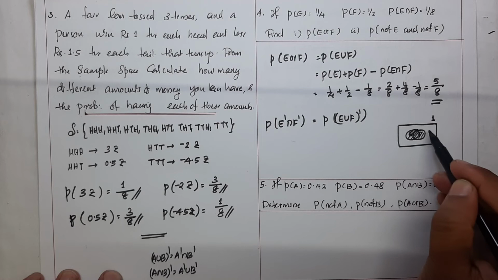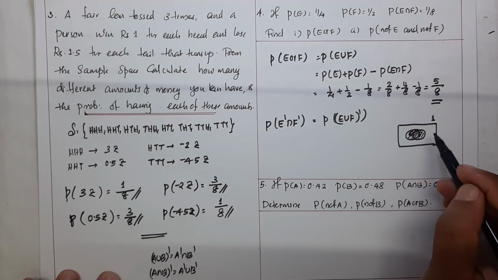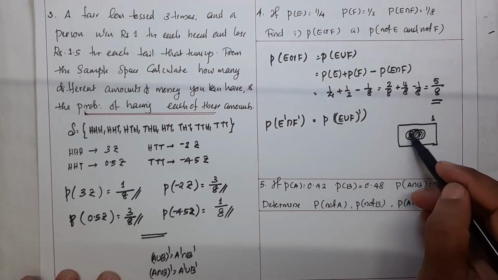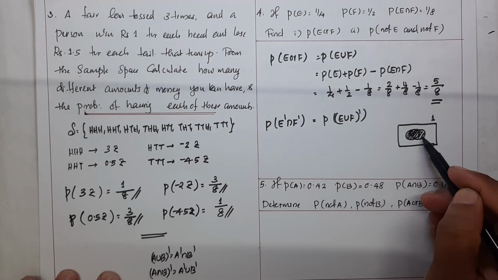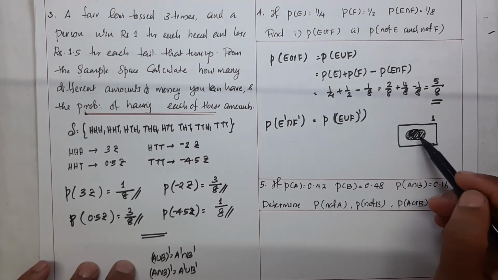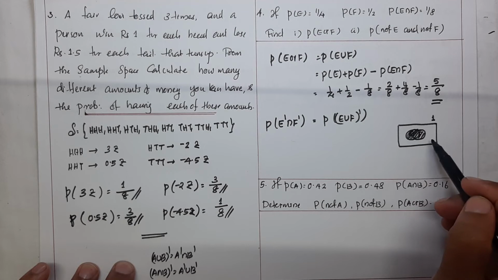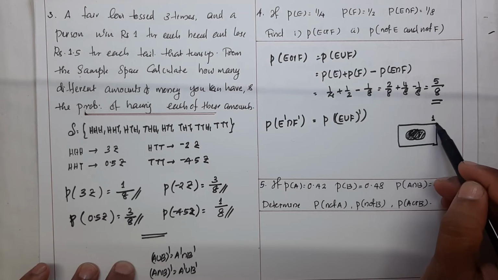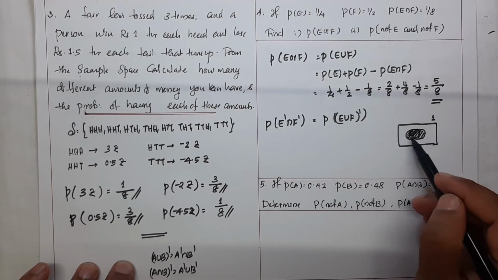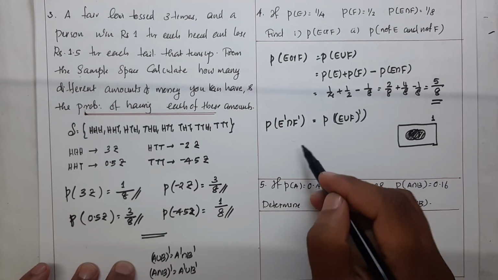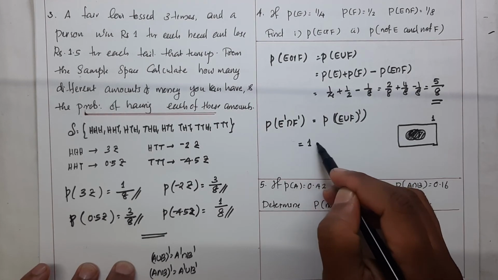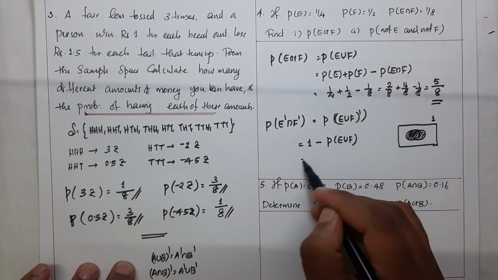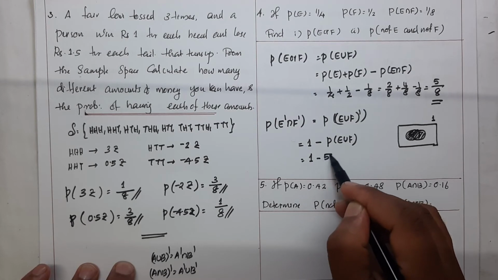Complement means the unshaded area. To find the probability of this unshaded area, subtract P of E union F from the total probability. E union F covers E and F fully, so you find the complement probability, the probability of the portions that are not shaded. For finding the probability of this unshaded area, total probability is represented by 1, minus the probability of this area, that is P of E union F the whole complement is equal to 1 minus P of E union F, which is 1 minus 5 divided by 8.